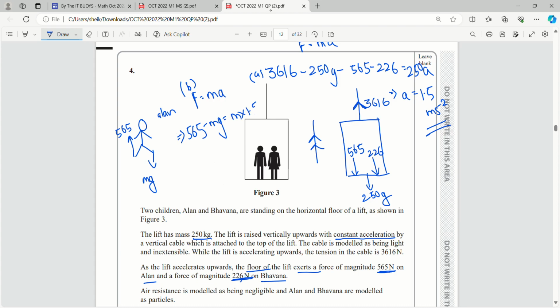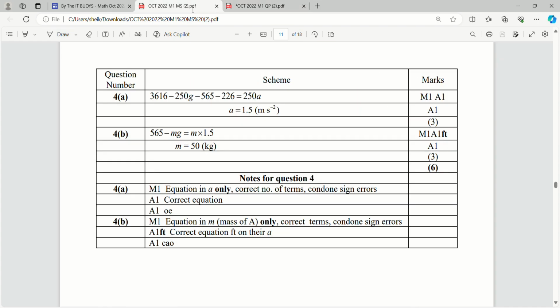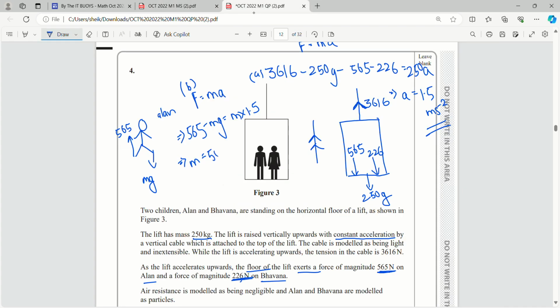I know the acceleration for the entire system will be the same. If you solve this equation, m is the only unknown variable over here, and you will get 50 kg. Alright, that's it. Let me know if you have any issues.